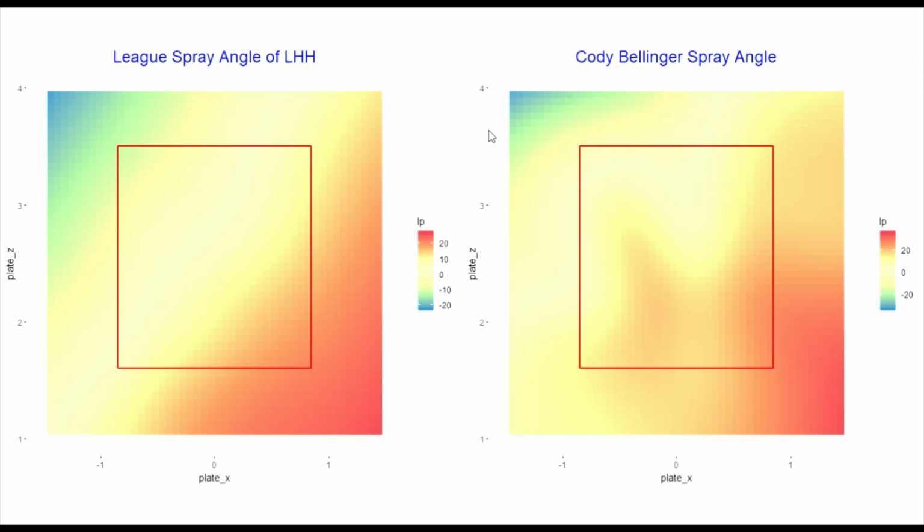So you see, similar to right-handed hitters, as the ball goes up and away, they will tend to hit the ball further away from first base. Cody Bellinger's looks somewhat similar to the league spray angle. Looks like as the ball goes down and in, he'll tend to pull it towards first base, and as the ball goes away, he'll tend to take it the other way.